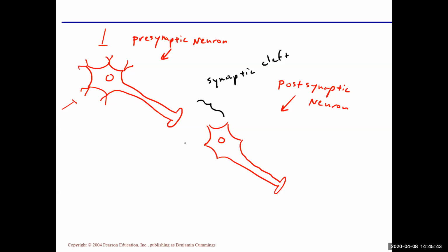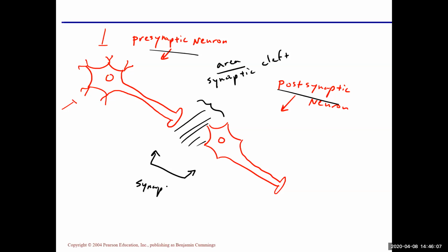The communication itself, in other words, one communication of the presynaptic neuron with the postsynaptic neuron, when these two are communicating with one another, is called making synapses. That means they are communicating with one another.